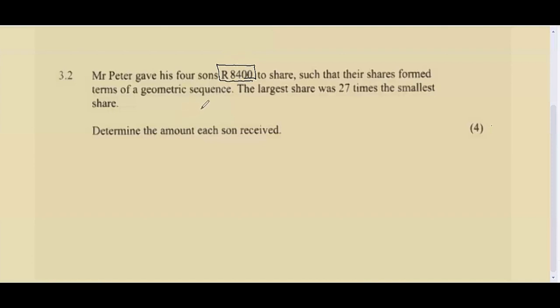Now, this gives us a vibe of something like a geometric series, whereby if we split this money, the sum of all this money should give us 8,400. Now, from this, we can get that if we add T1 plus T2 plus T3 plus T4, then we should get 8,400. Now, the terms here would represent the share or the amount that each son would receive.